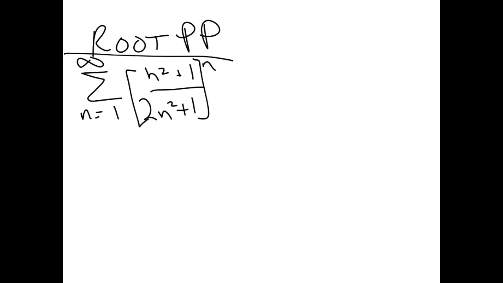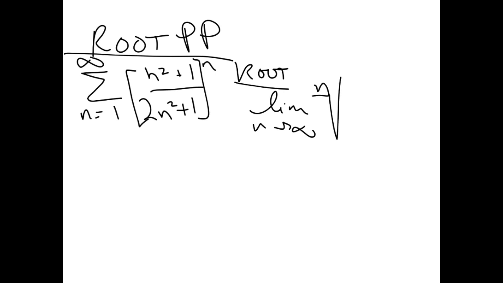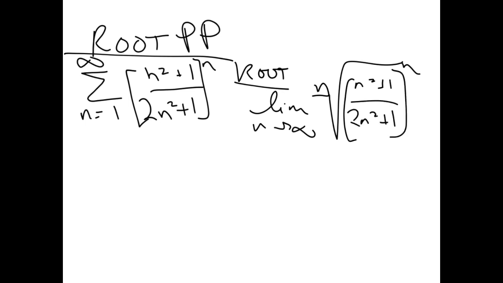All right, so we have some wonky handwriting. I apologize, but if we're going to apply the root test, we'll write root. And we'll go ahead and write that limit as n goes to infinity of the nth root of n squared plus 1 over 2n squared plus 1, all to the n.